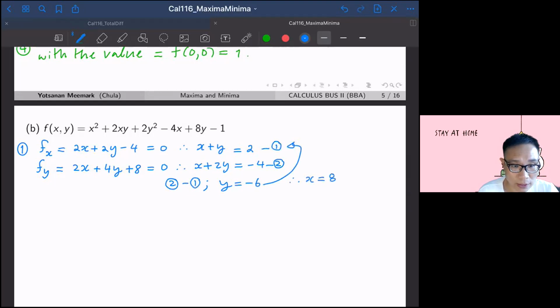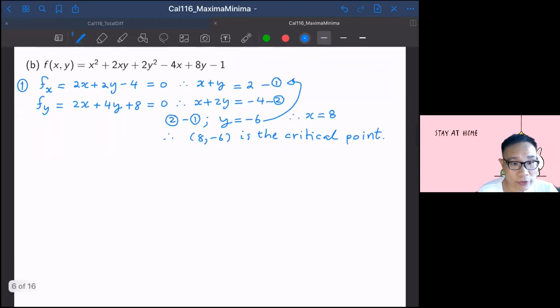Okay, so you get x equal to 8 and y equal to -6. So (8, -6) is the critical point. So this one is the first step.